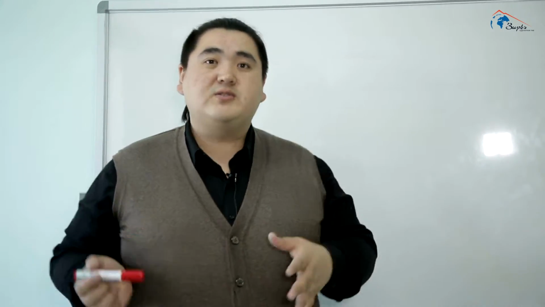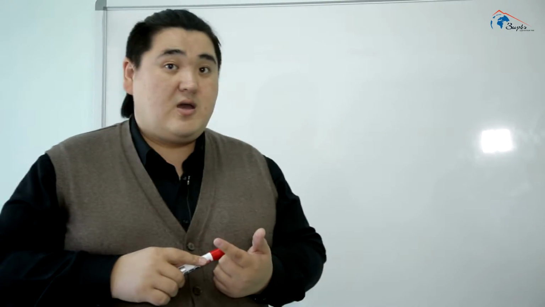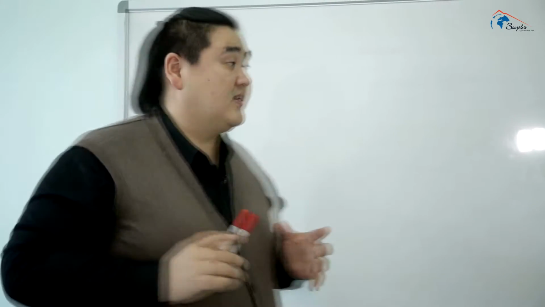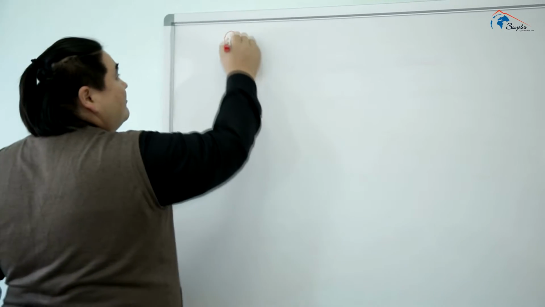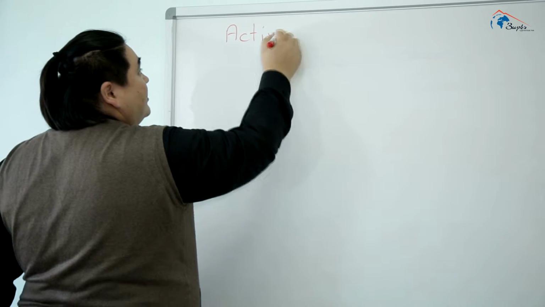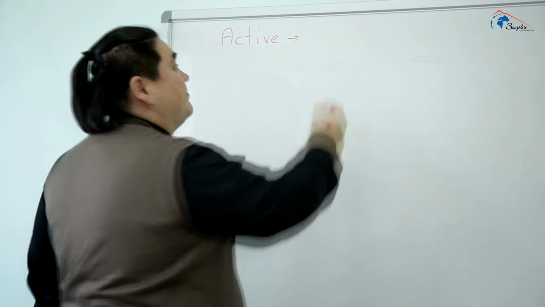The original sentence with the subject, object, and the verb and everything in it, we call an active sentence.